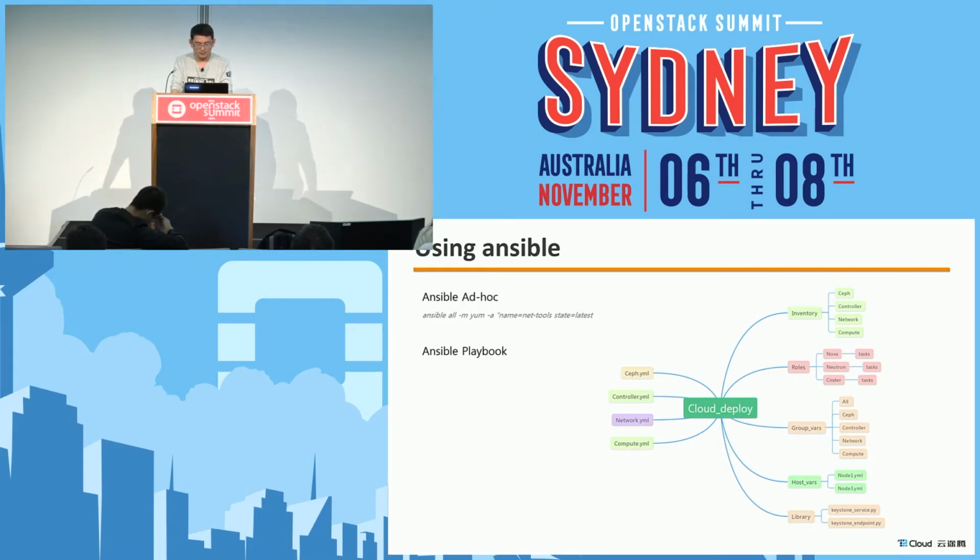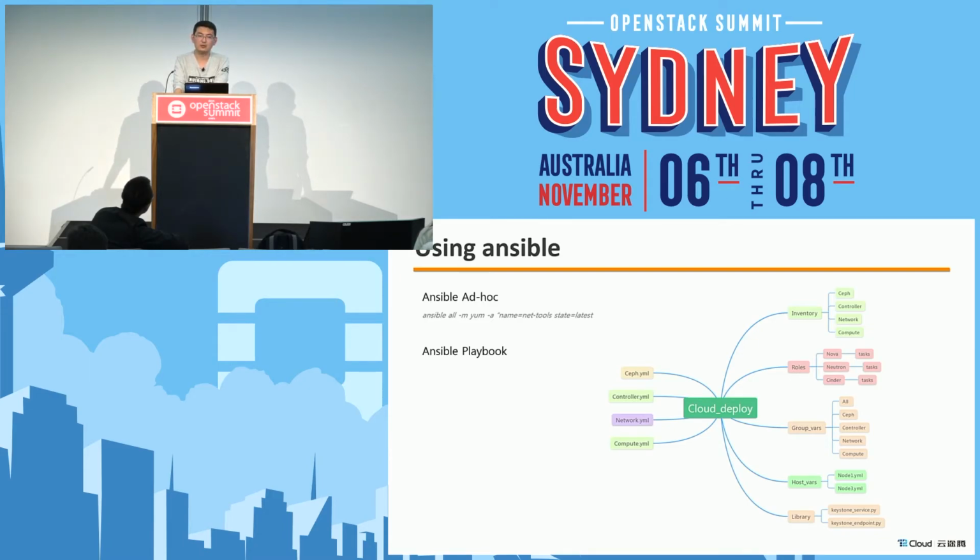Group vars, it is where you can define variables for the groups. Remember, there is a default group named all. Variables defined in the group all can be treated as global variables. Host vars, it is where you can define variables for particular hosts. It is very useful when the configuration of one node is different from most of the others.